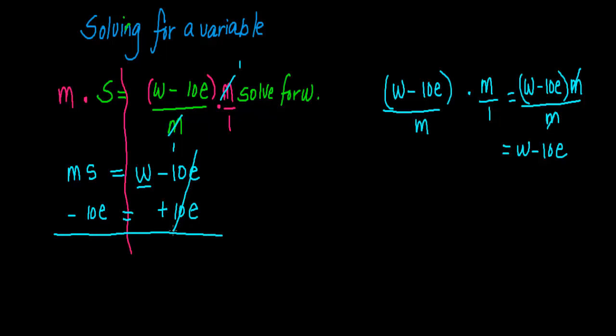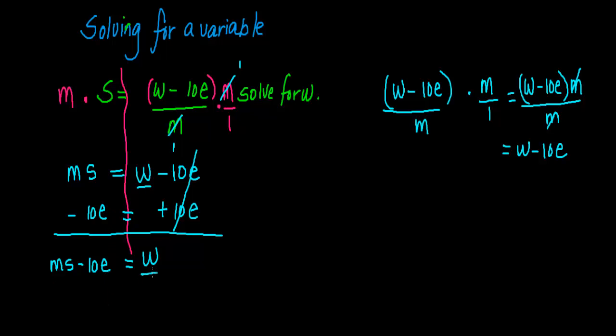So negative 10e plus 10e equals 0. So I'm left with W on this side, and on the other side of the equal sign, I'm left with ms plus 10e. I can't simplify these expressions because they are not like terms.